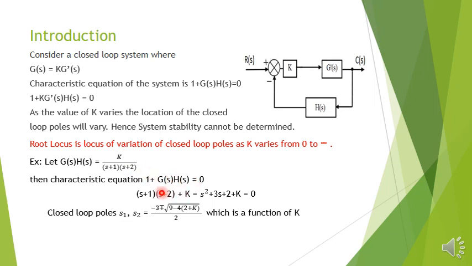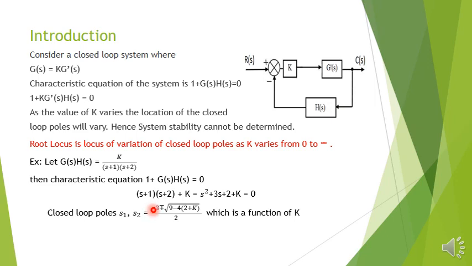By rearranging, S plus 1 into S plus 2 plus K equal to 0, that means S square plus 3S plus 2 plus K equal to 0. This is a quadratic equation, so it will have two closed loop poles. Those closed loop poles S1 and S2 equal, according to the algebraic concept, minus b plus or minus square root of b square minus 4ac divided by 2a.